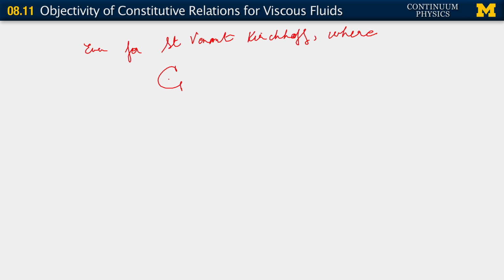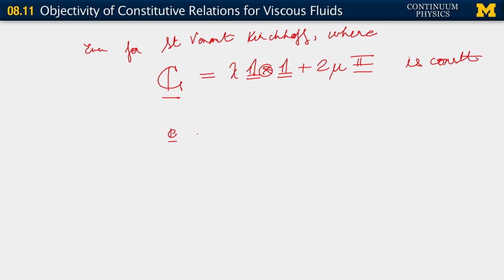we have our material tangent, right? This is the uppercase C, equals lambda isotropic tensor isotropic plus 2 mu fourth order identity tensor, right? Even in this case, where this thing is constant, what we see is that little c, which is basically, you can't write little c in direct notation as push forward of capital C. It doesn't convey everything that's happening, right?